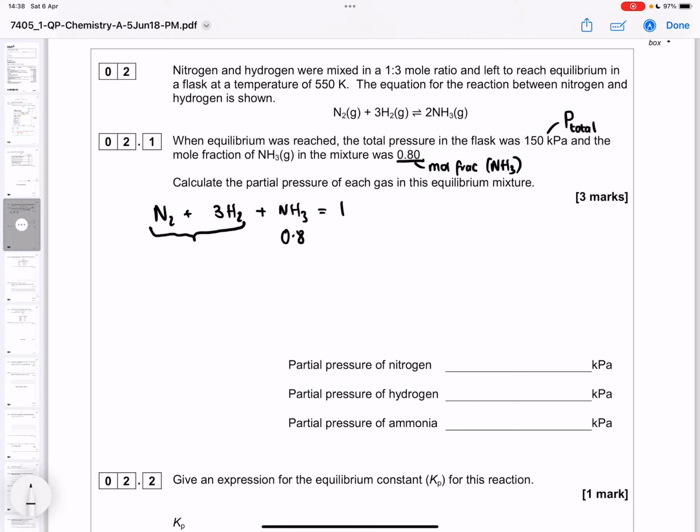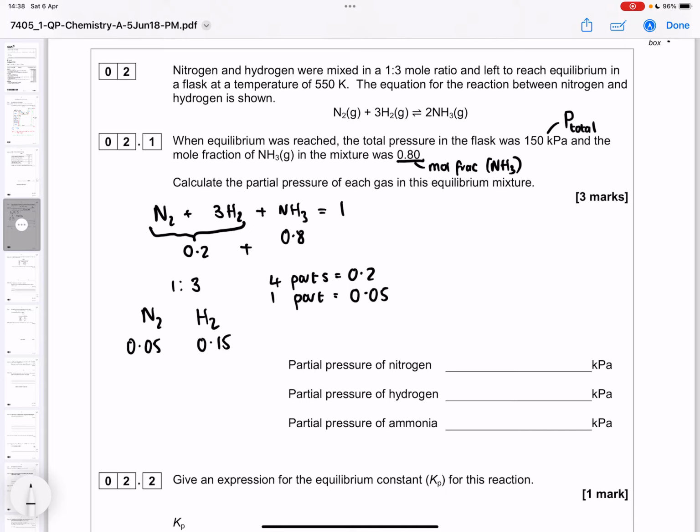Now it told us they were mixed in a 1:3 ratio. So in total there are 4 parts there, so 4 parts equals 0.2. So 1 part equals 0.05. So it means that the nitrogen is 0.05 and the hydrogen, 3 parts, 0.15. So these are the mole fractions.